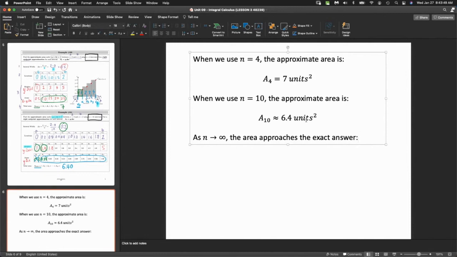So if you were to use an infinite number of rectangles, then you get to the exact answer. And I'll just mention here, we're not proving this in this course.